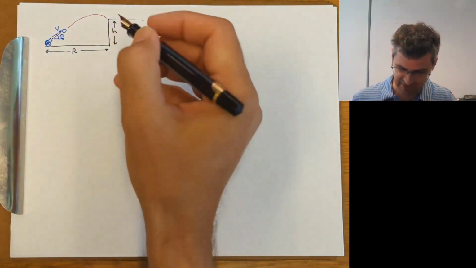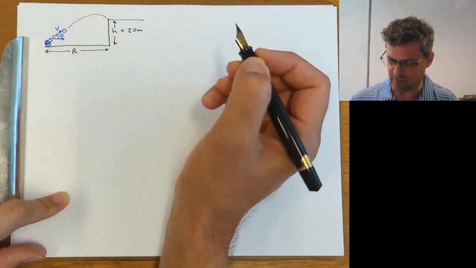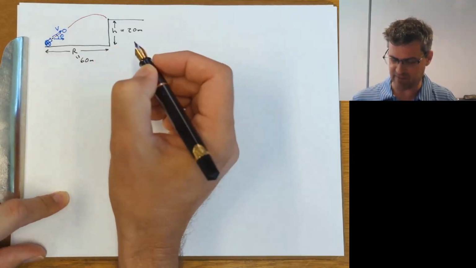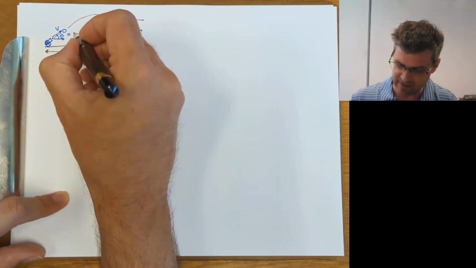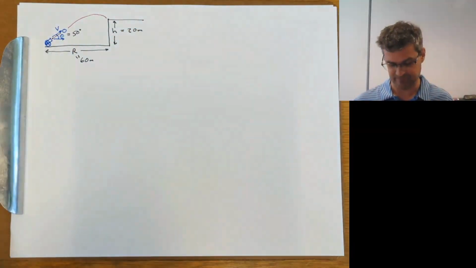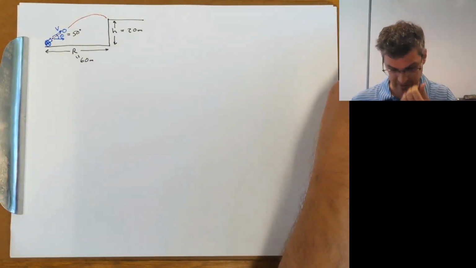But if we wanted to look at some math later, let's say that h is equal to 20 meters, r is equal to 60 meters, and theta is equal to 50 degrees. It's reasonable, it's fine, but we're going to do variables first, and then we're going to find some other things.